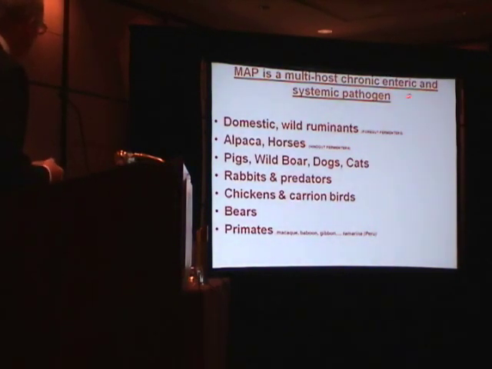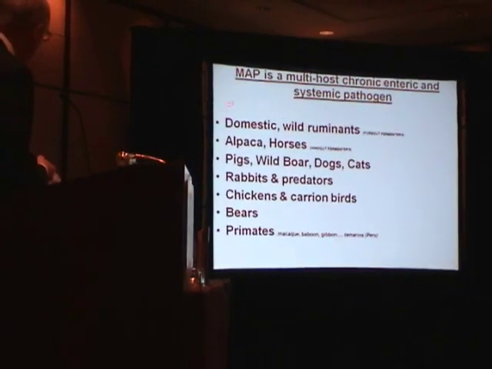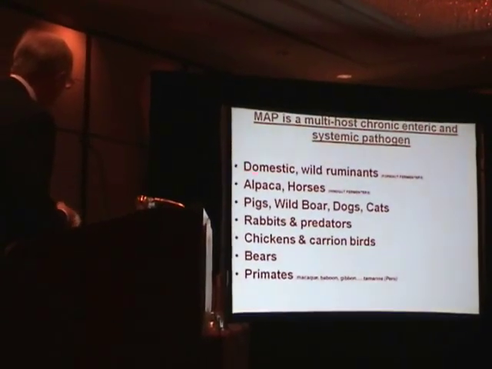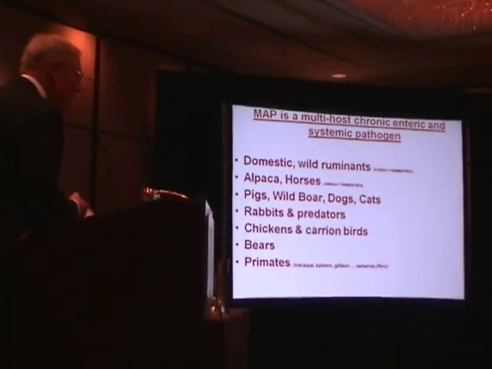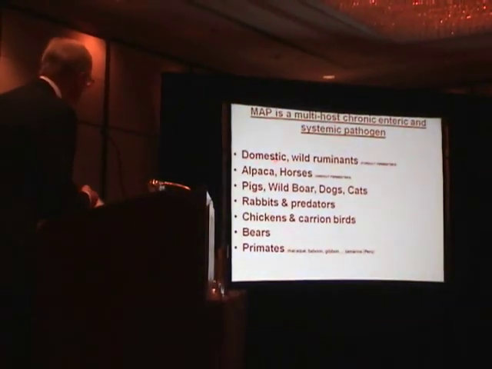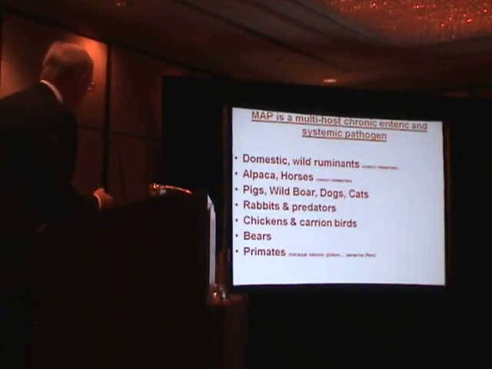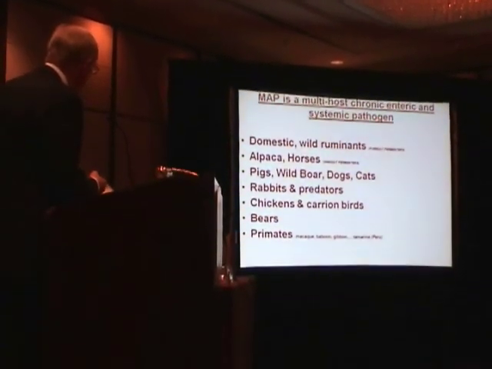MAP is a multi-host chronic enteric pathogen, and it can infect and cause disease in a very wide range of species, from ruminants all the way through to primates. The principal reservoir of these organisms in our communities is in our domestic livestock. But wild ruminants, which together are foregut fermenters, are also involved.